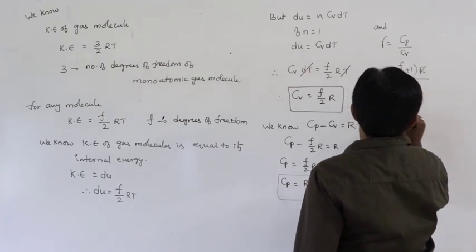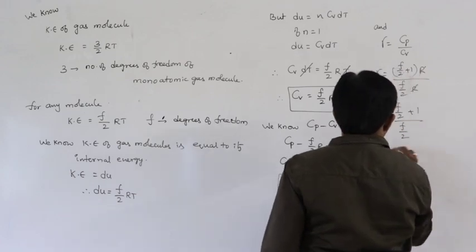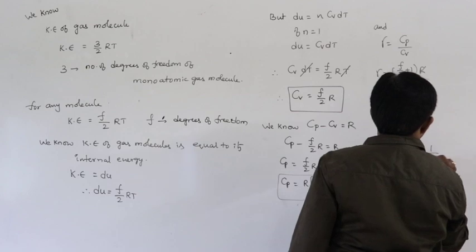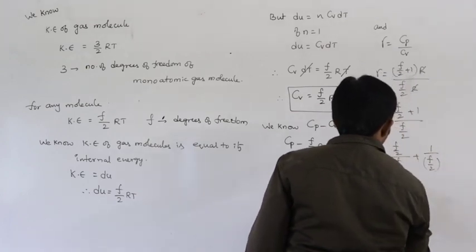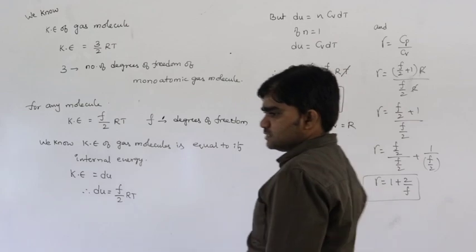Gamma is equal to (F by 2 plus 1) divided by F by 2. Then gamma is equal to F by 2 divided by F by 2 plus 1 by F by 2. So then gamma is equal to 1 plus 2 by F. That is the gamma.